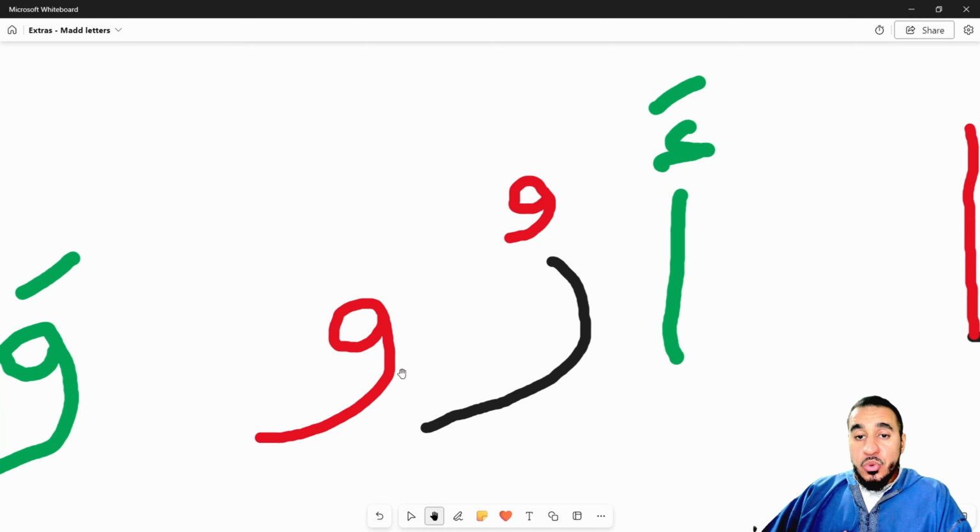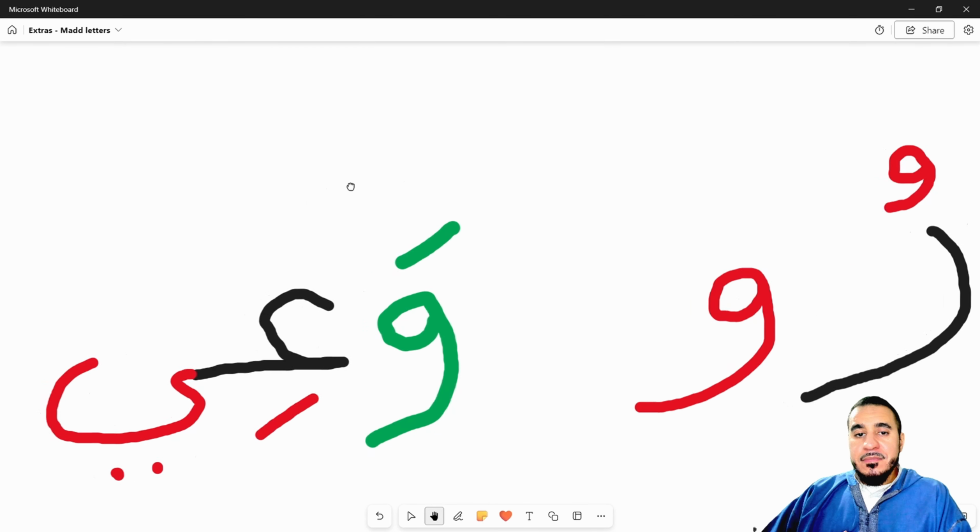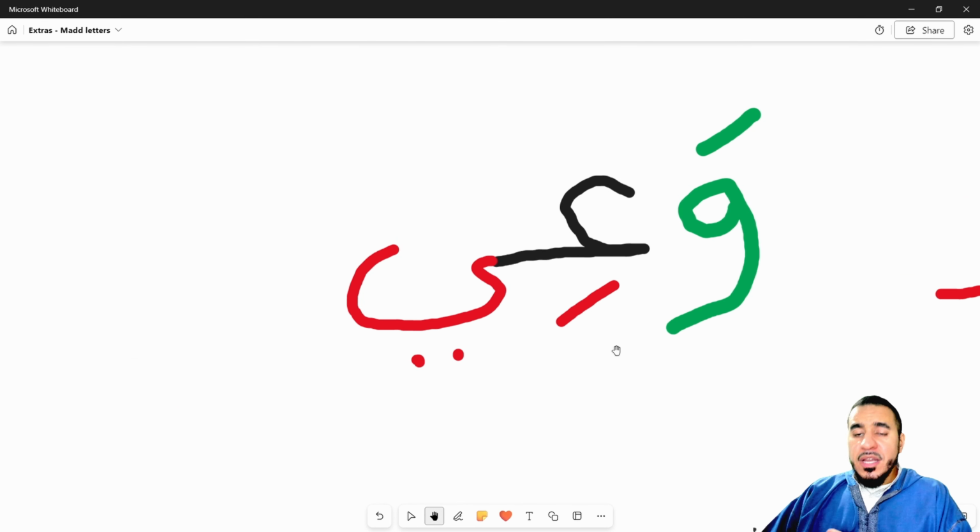Or aruu, as we've written in this word. And lastly, when we want to extend the kasra sound, we simply attach a ya to that letter and put a sukoon on it. Okay, so here it would be waʿii. The ya is extending the kasra underneath the ayn.